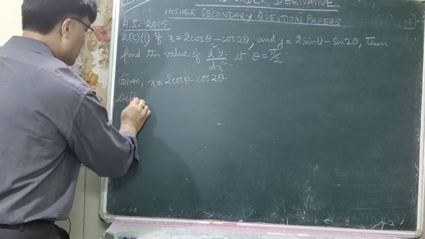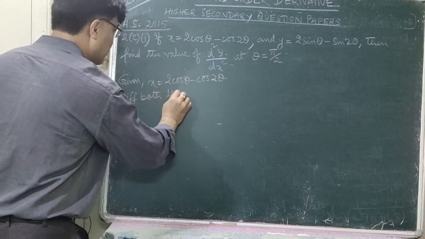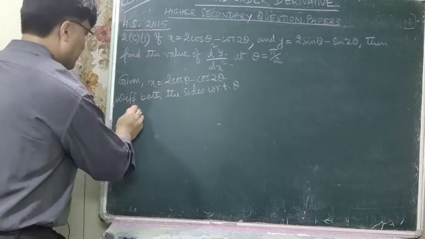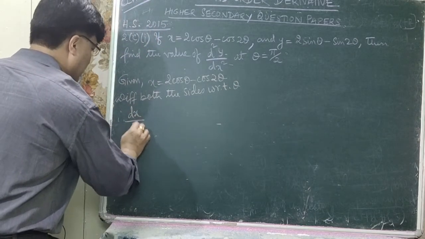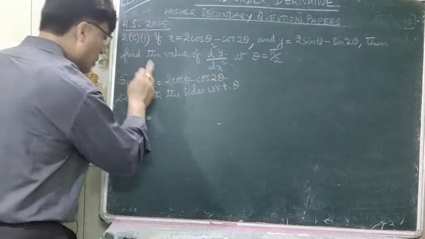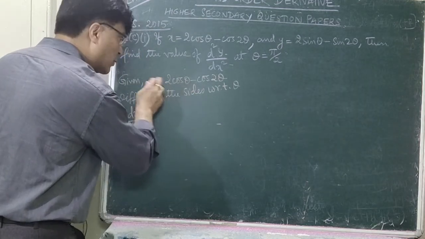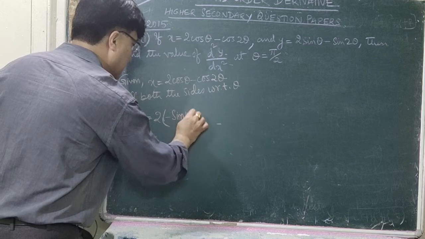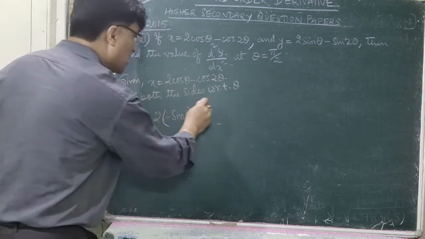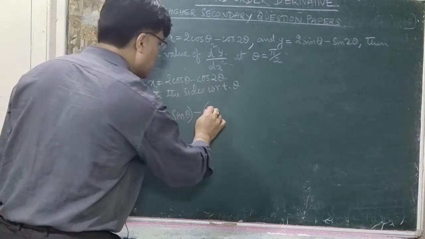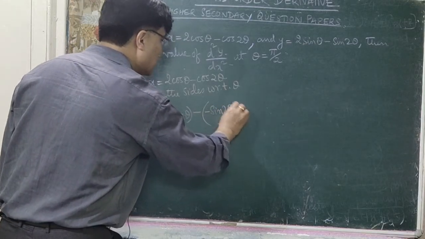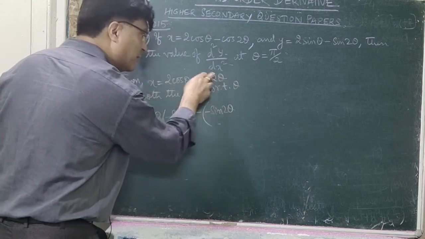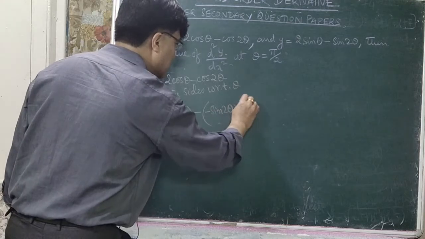So dx by d theta is equal to 2 into the differentiation of cos theta, which is minus sin theta, minus the differentiation of cos 2 theta, which is minus sin 2 theta, and again differentiate 2 theta with respect to theta, that is into 2.